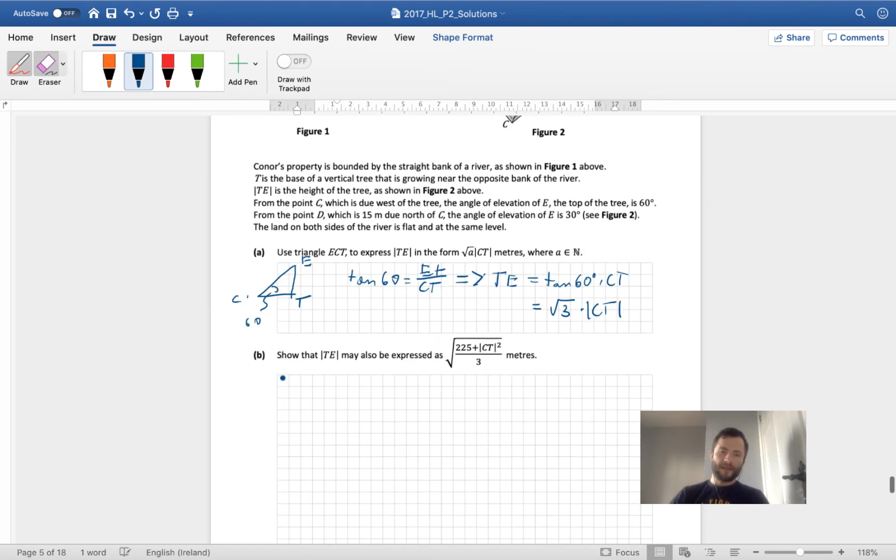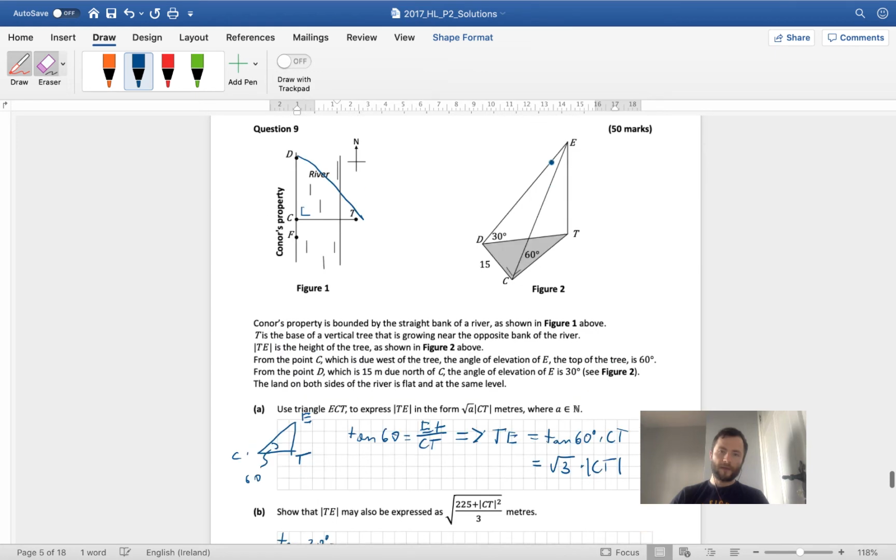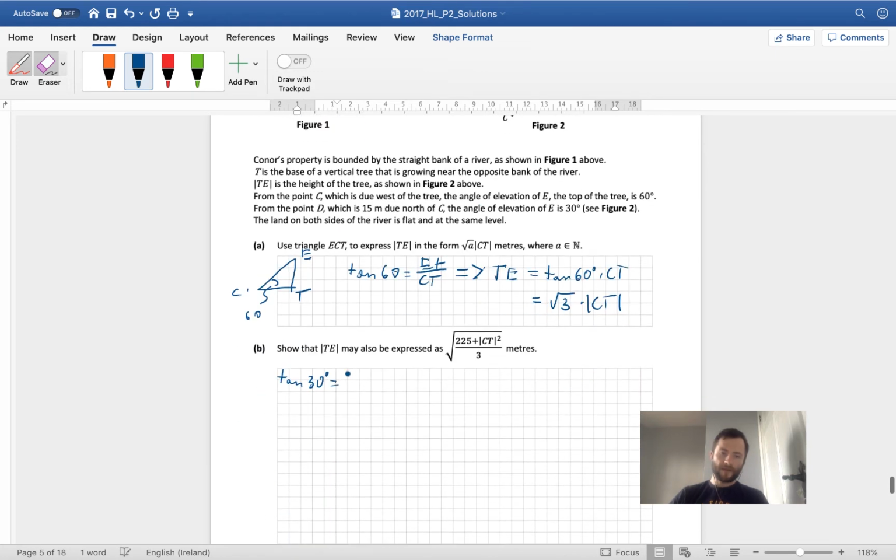So I can say that tan 30 is equal to, from my diagram, TE over DT. So let's write that down. That's equal to TE over DT.